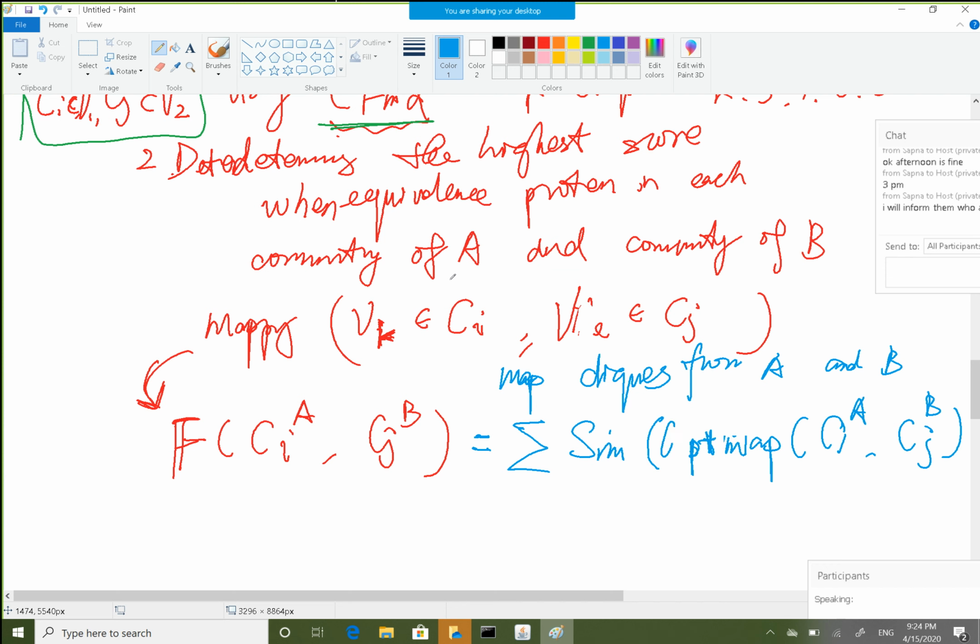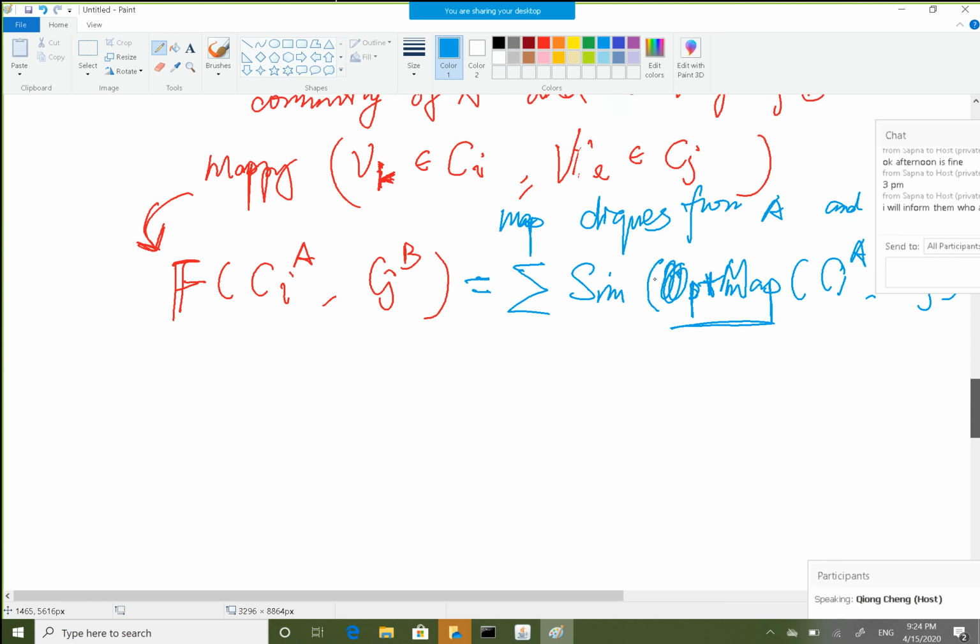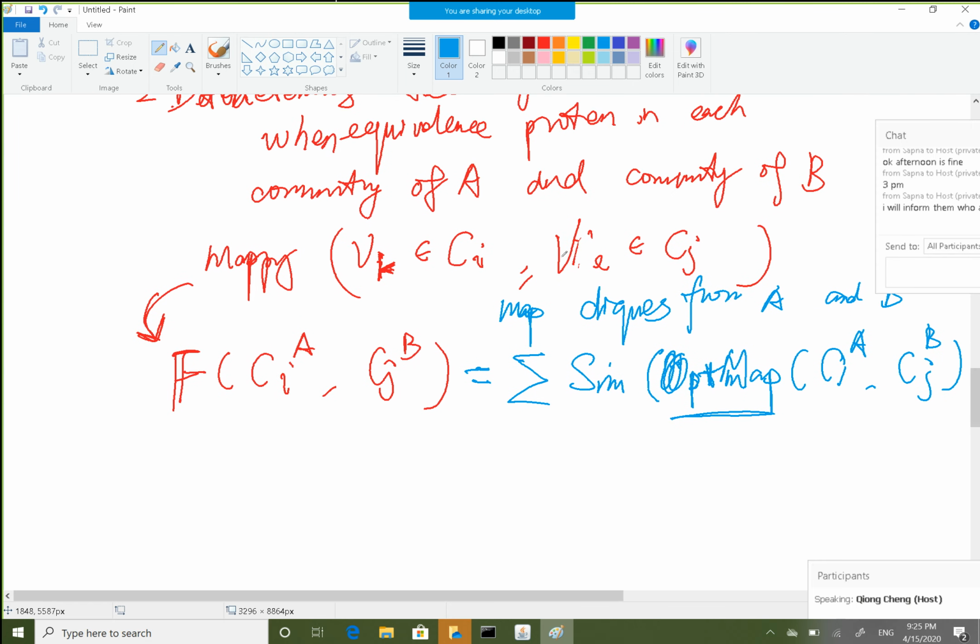This is the optimal map. The optimal map here corresponds to the best mapping score. Find the best mapping score of CIA to CJB, and then you sum up all these scores. So this is for summing up all the mapping of the vertex pairs.